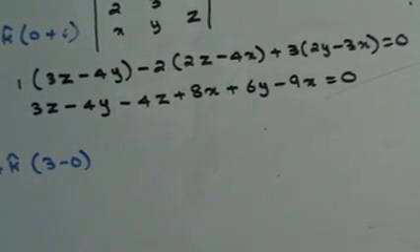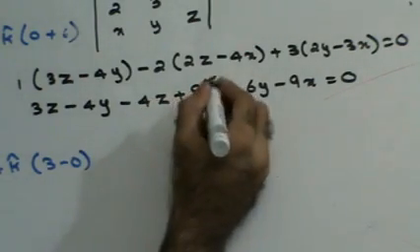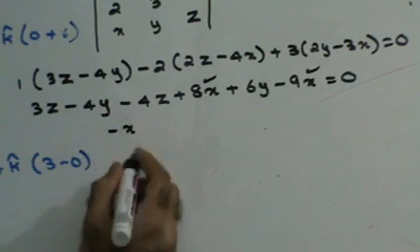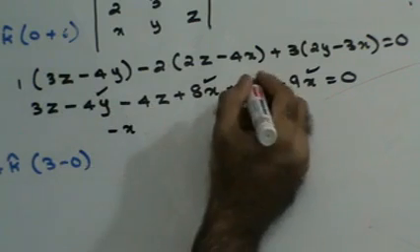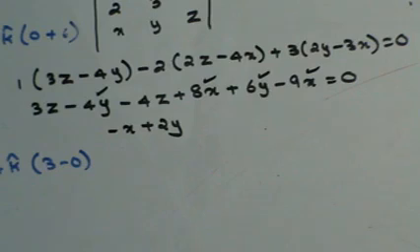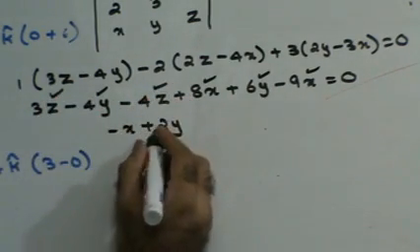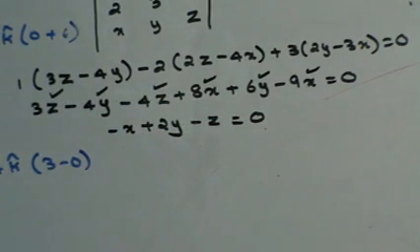So in that case, 8x minus 9x is minus x, minus 4y plus 6y will give you plus 2y, and plus 3z minus 4z will give you minus z is 0, right?